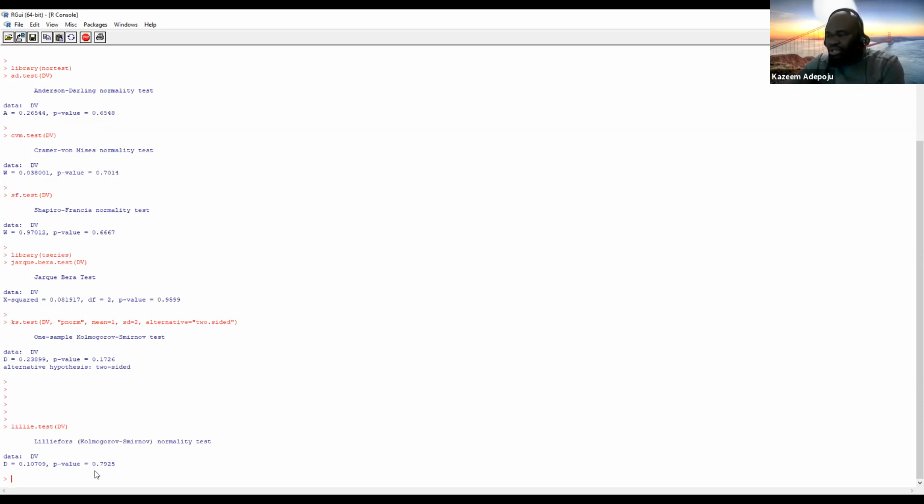This is the code, and it also took the same decision of not rejecting the null hypothesis. Now, these are all the available univariate normality tests. Before I move to multivariate, is there anyone who wants to ask a question?